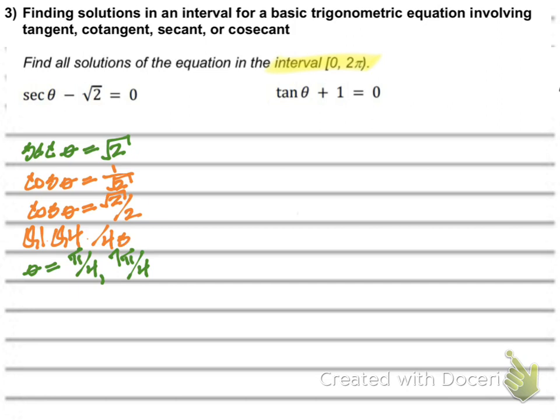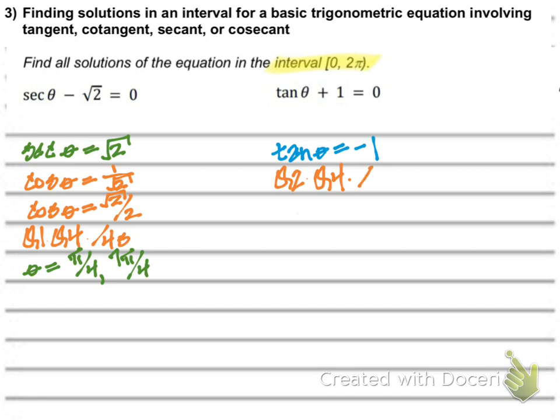All right, tangent theta, we are going to subtract 1 from both sides, so we get tangent theta is negative 1. Okay, so tangent is negative where the signs are opposite, right? So tangent is negative in quadrant 2 and quadrant 4. And my tangent is 1 where my x and y's are the same, right?